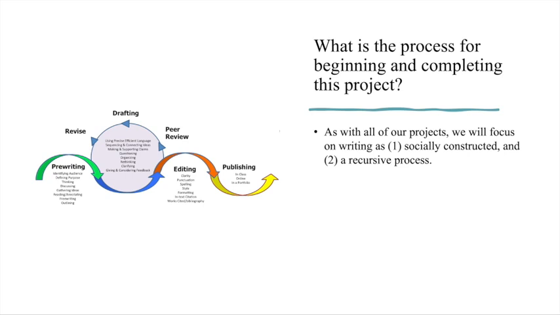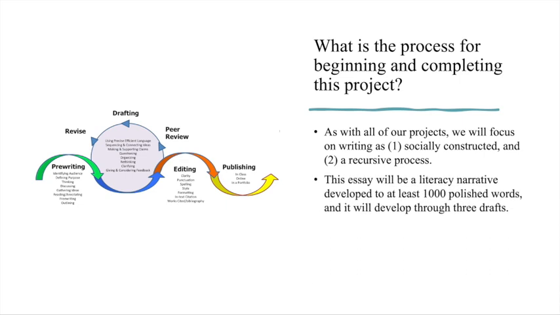We will publish this, meaning you'll submit it into Canvas in a final draft format. But before we get to that point, you will be going through several drafts with specific goals in mind. This particular essay will be a literacy narrative, which we will discuss further in just a minute, developed to at least 1,000 polished words, and it will develop through 3 drafts.